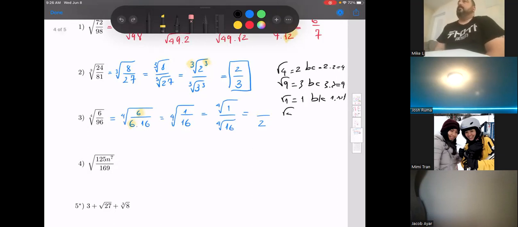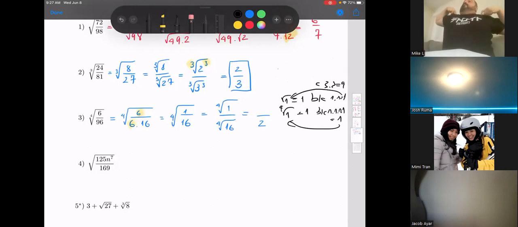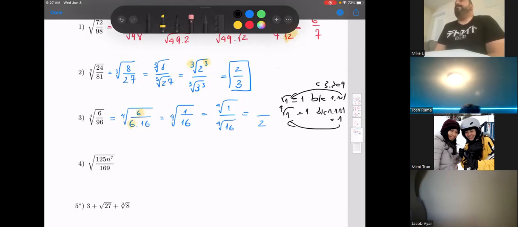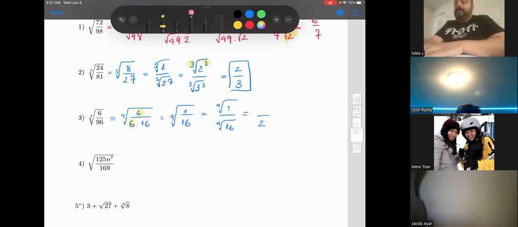It's still 1, right? Because 1 times 1 times 1 times 1 is still 1. So the nth root of 1 is 1: you take 1 to the power of 9, it's still 1. Any power of 1 is still 1. Basically, any root of 1 is always 1. So 1/2.